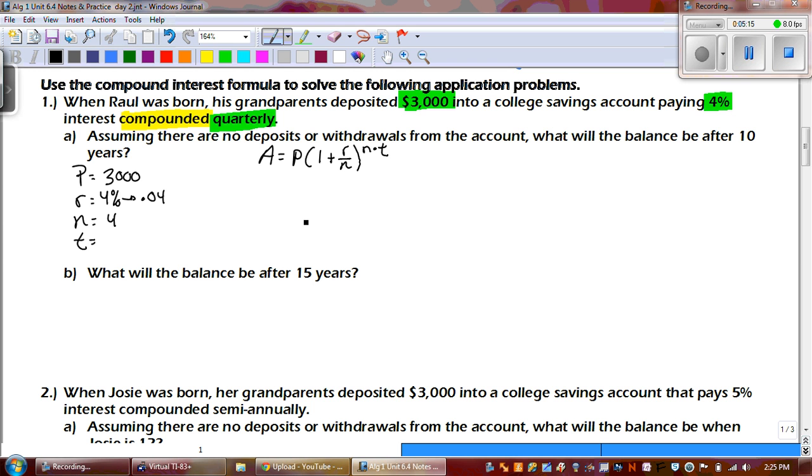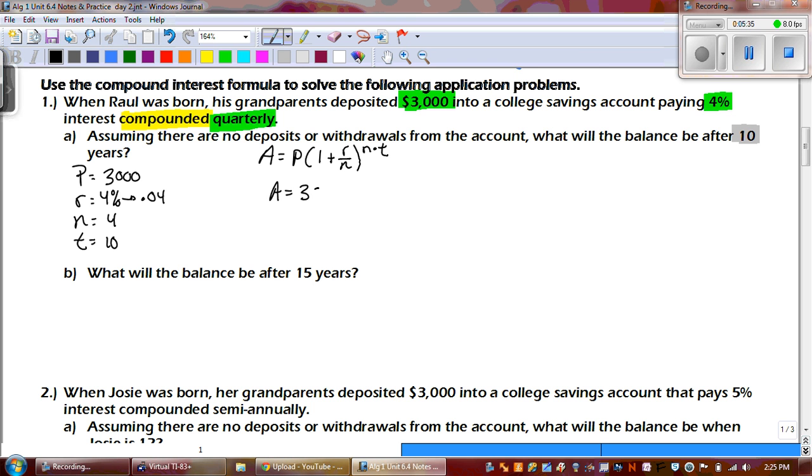And the last thing is time, and time is in our letter A, assuming there are no deposits or withdrawals from the account. They want to know how much is in there after 10 years. Okay, so let's write everything down first.